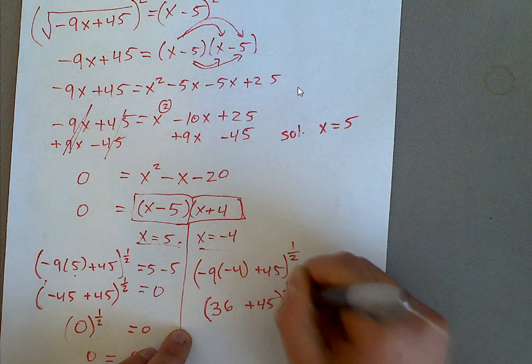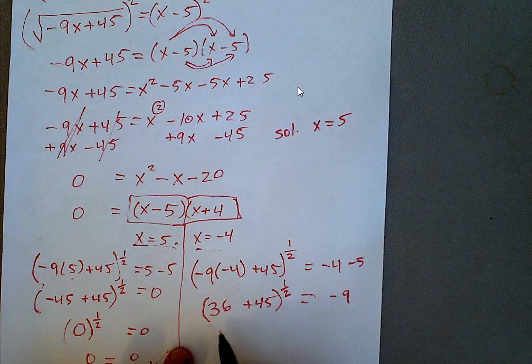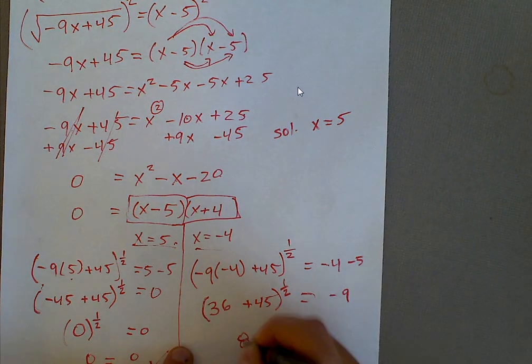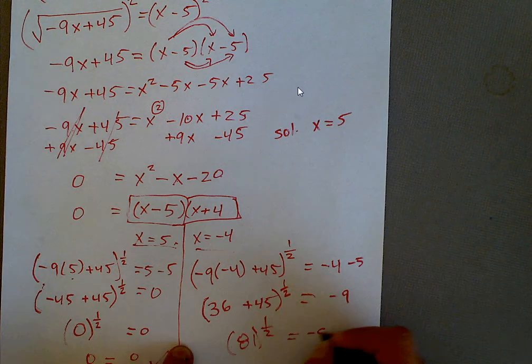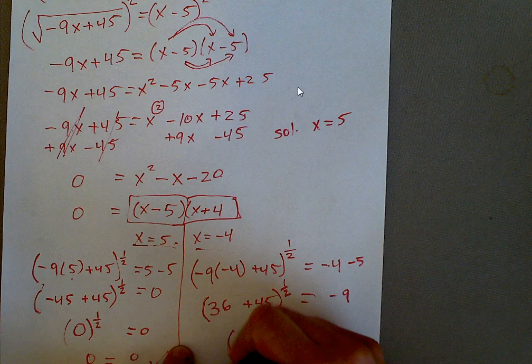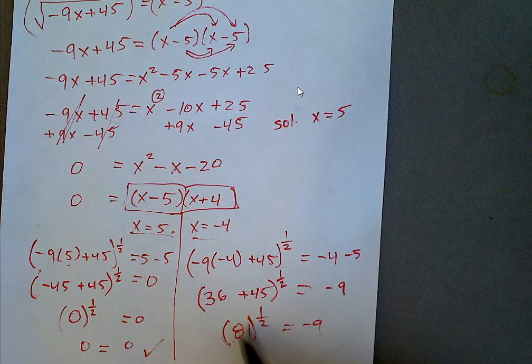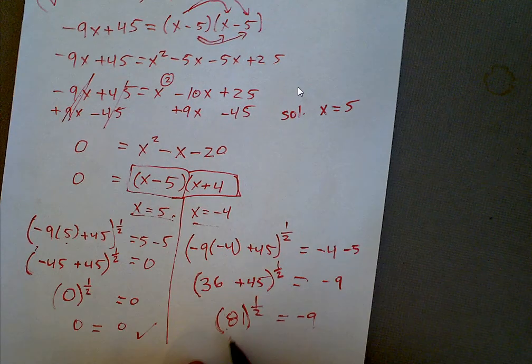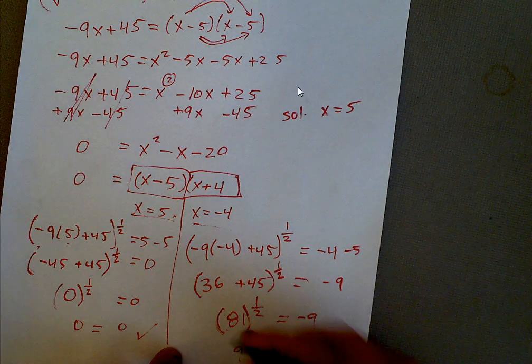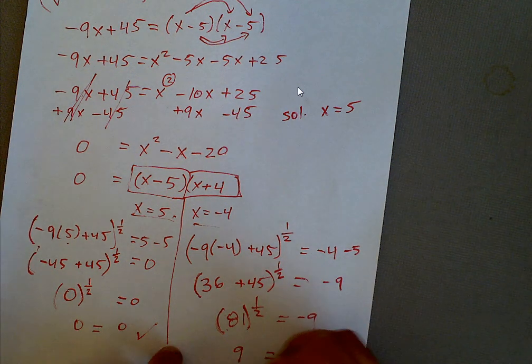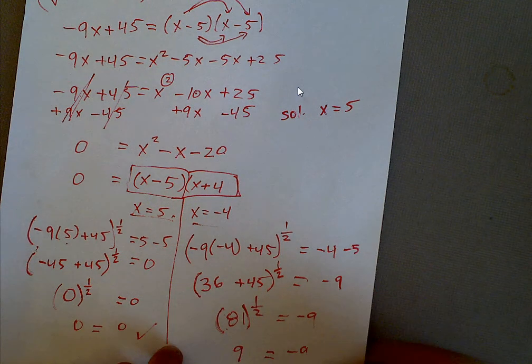to the 1/2. 36 plus 45 is 81 to the 1/2. And 81 to the 1/2 is the same thing as the square root of 81, which is positive 9. And on the right side we have an answer of negative 9.